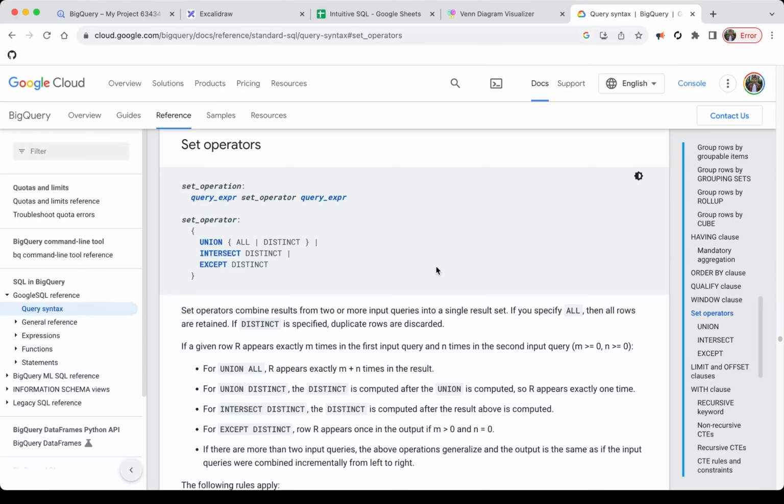So that was a short overview of union, intersect, and except, and I will link here the BigQuery documentation on this, where you can see that they're actually called set operators. In real life, you almost always see union. Very rarely will you see somebody using intersect or except.